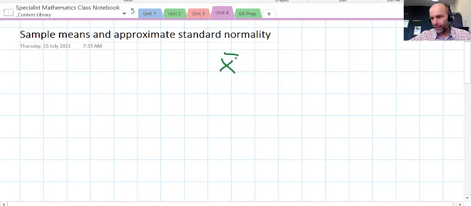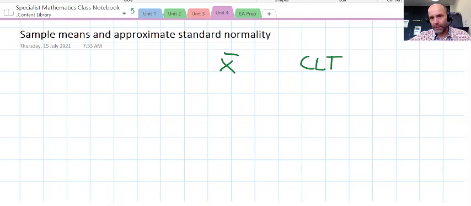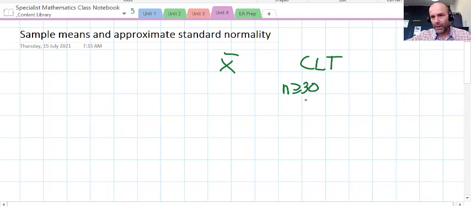We've applied the central limit theorem, and that says that provided we have a sample size sufficiently big, which is generally taken as at least 30, we can say that the population's mean equals the sample mean, and the standard deviation of the sample means is the population standard deviation over the square root of n, where n is the sample size.